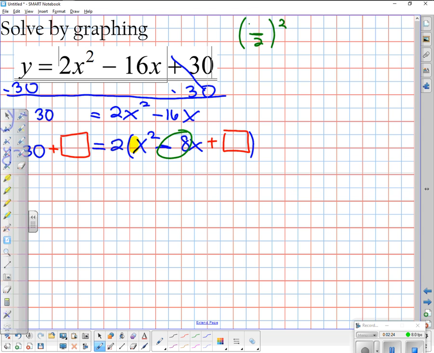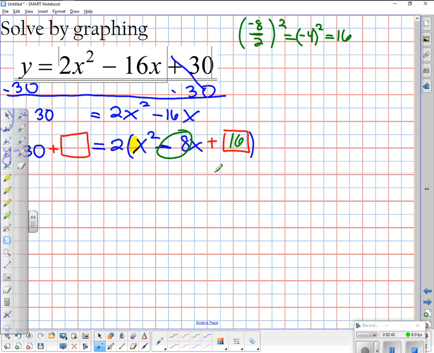So that'll be negative 8. Half of negative 8 will give you negative 4, and that should be squared, and 4 squared will give you 16. So the number that I need to add is 16.